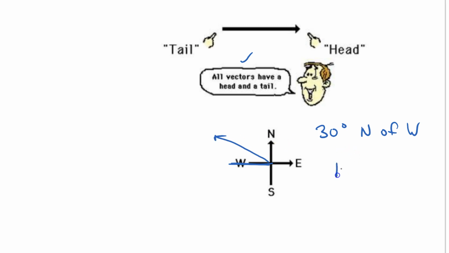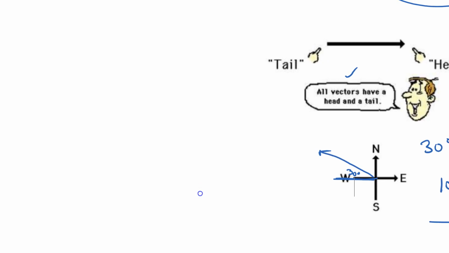So let's say I said 10 degrees south of east. So here's east, here's south. It would be 10 degrees south of it. So I would be going 10 degrees south of east. That's what that would look like, okay? So that's sort of an indication of what the direction will look like.